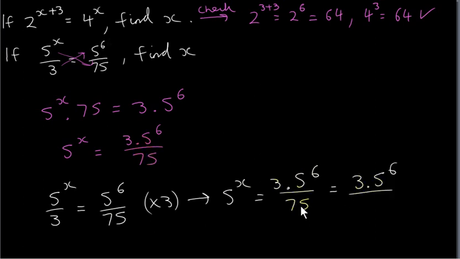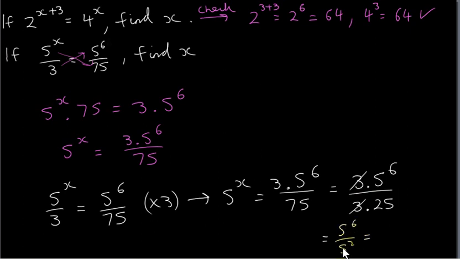Now 75 can actually be written as a power of 5. Well, actually it can't be written as a power of 5, I'm sorry. But 25 can be written as a power of 5. This can be written as 3 times 25. And the 3s cancel out. 25 can be written as 5 squared. So I can write this as 5 to the power of 6 divided by 5 to the power of 2.